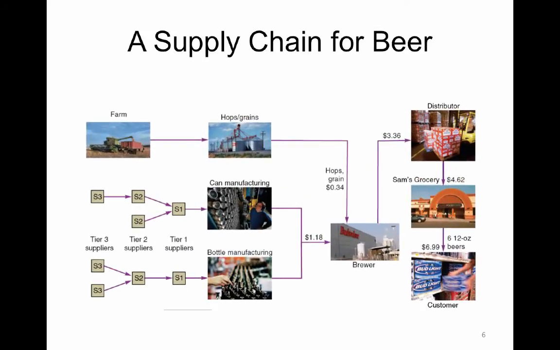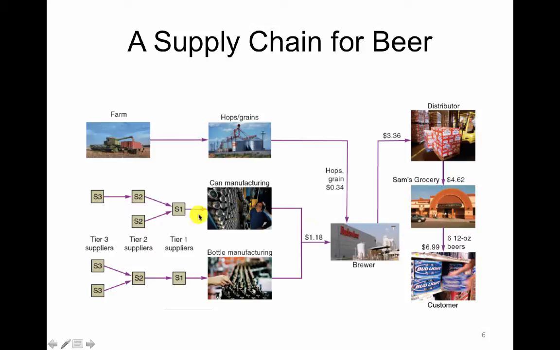So here's a supply chain example for beer. I just wanted to show an example so you can see how many different components are really involved. Up in the upper left here you have the farm, and they supply the hops and the grains. Hops and the grains go to the brewer.